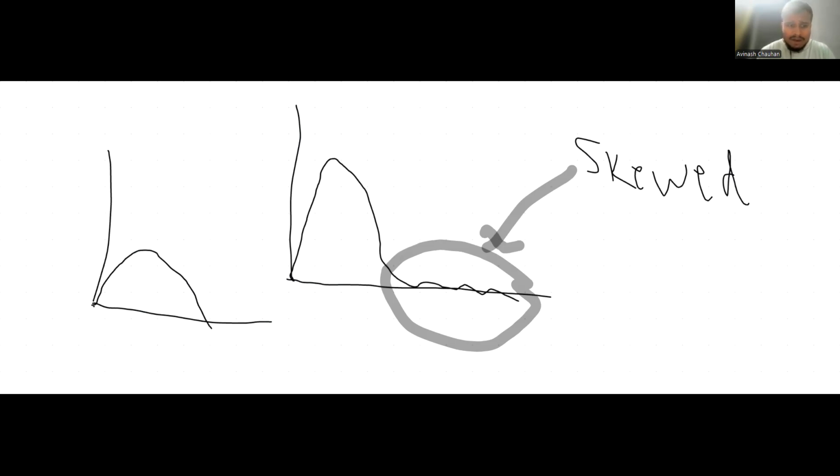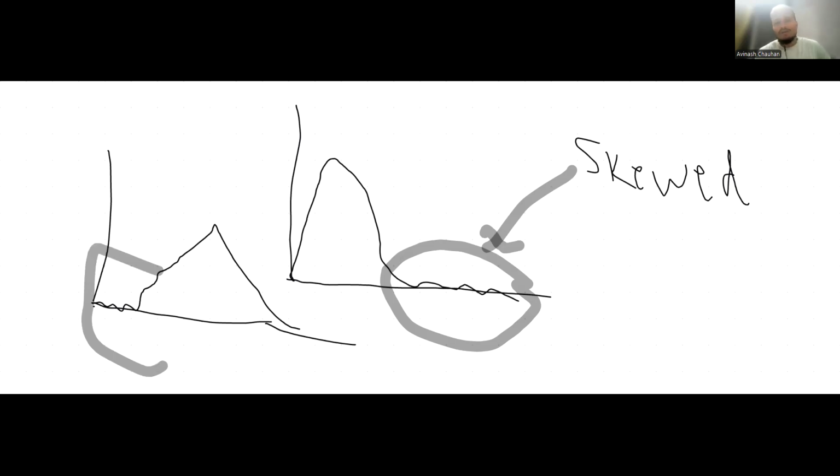But what if my graph is like this? You can see that some part of the data is skewed here.